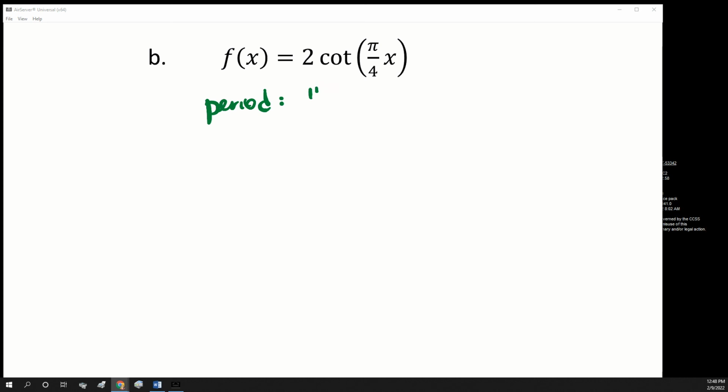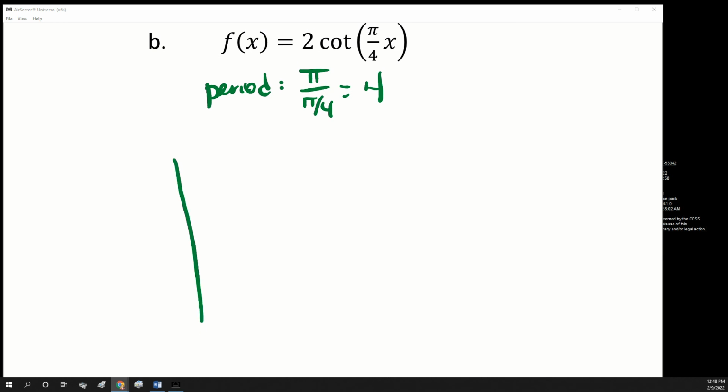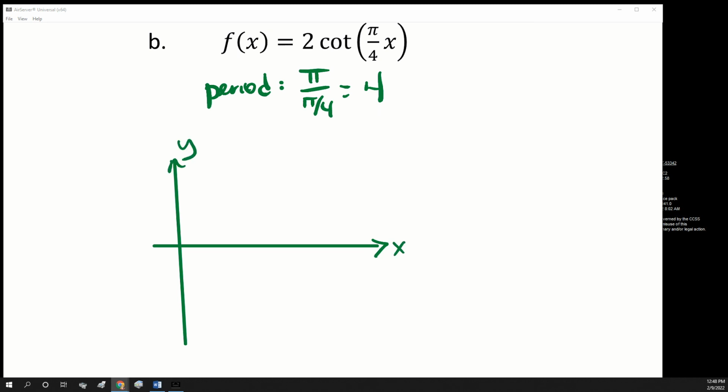Okay, period is 4, so it's pi divided by pi over 4, which is 4. All right, now for cotangent, we're going to draw axes like this, as long as there's not a shift. And the left side of the period is just like on tangent, is going to be a vertical asymptote, and so is the right side.